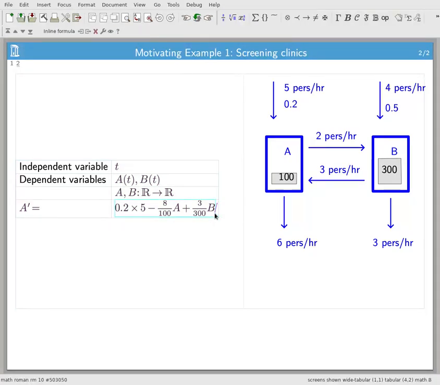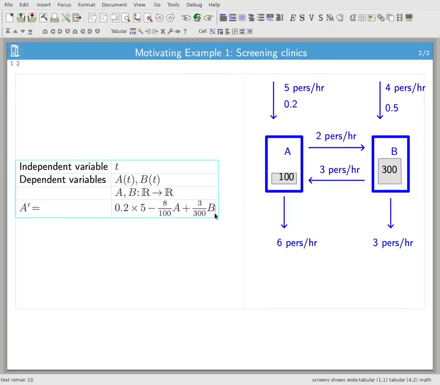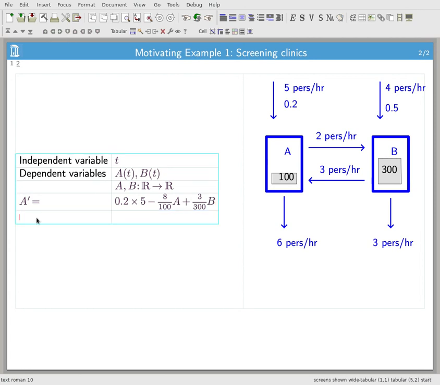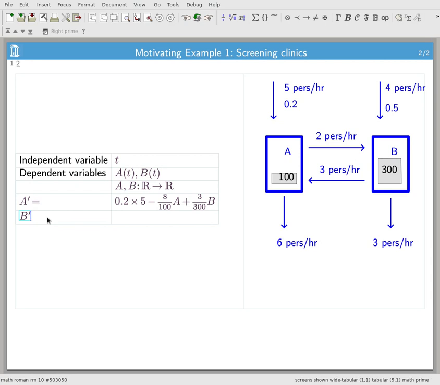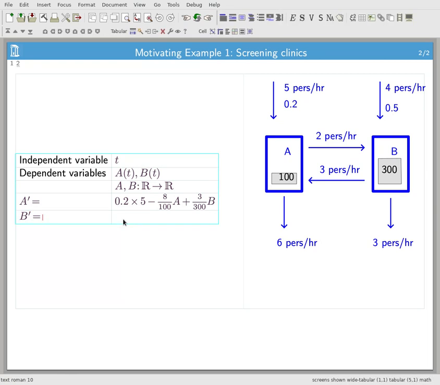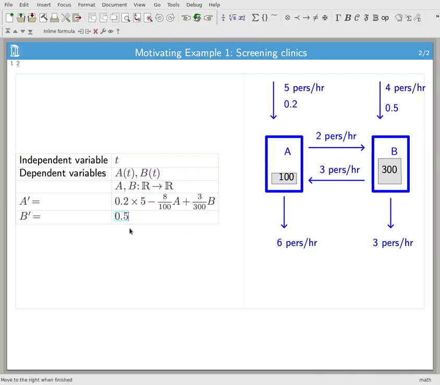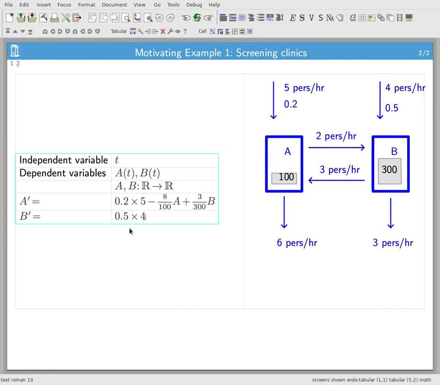Similar considerations apply to now the rate of change for the number of infected people in clinic B, and we're just going to more rapidly go through this. B prime is going to be 0.5 times 4 persons coming in per hour.